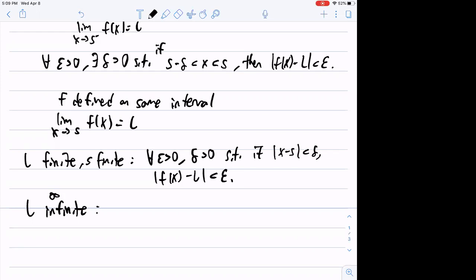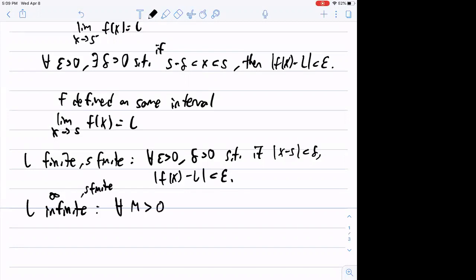So if I chose 1,000, for small enough delta, my function is bigger than that value. And if that holds for every value I choose, then it's infinite, right?